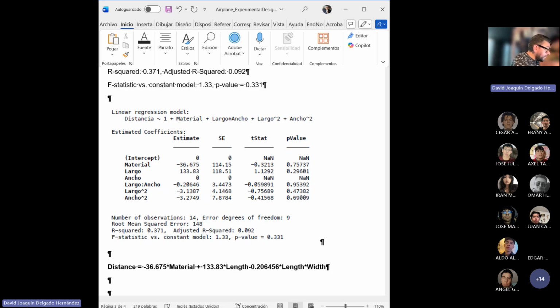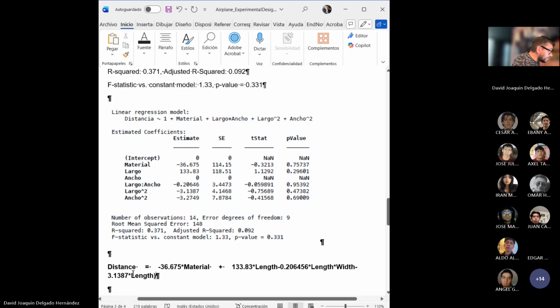Then we will have to consider minus 3.1387 times the square of the length. So it will be length, but to the second power, okay? To the second power. So it will be, I will put it like this. And then the second power.